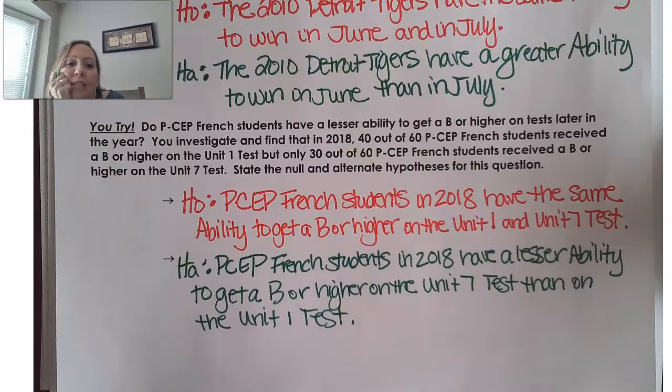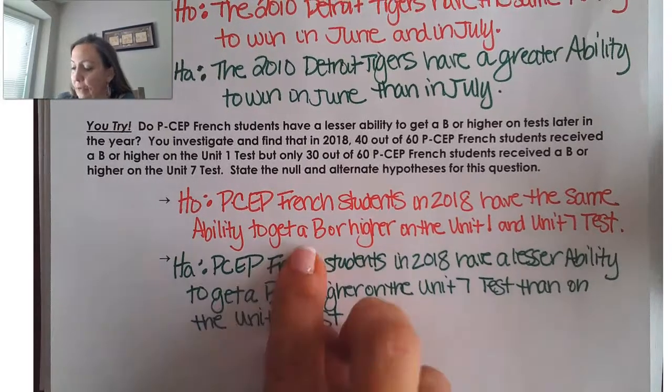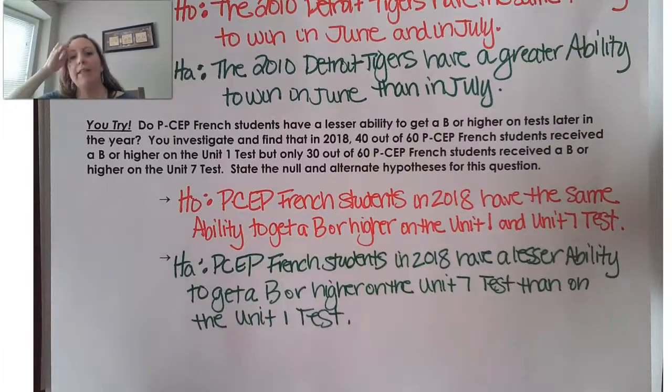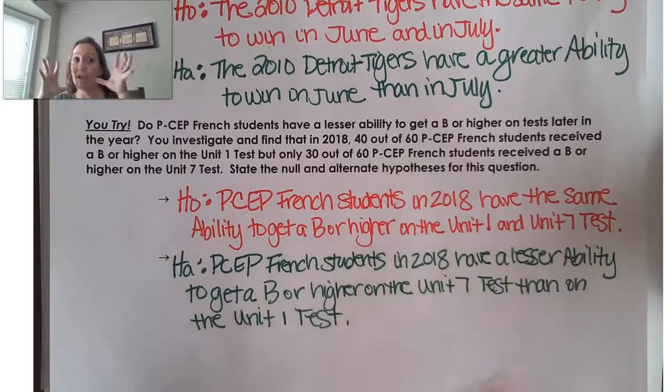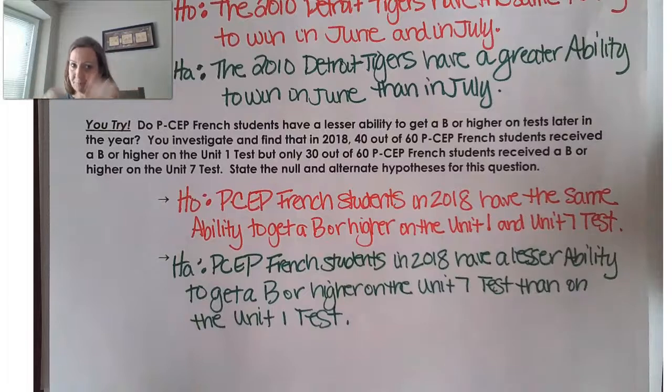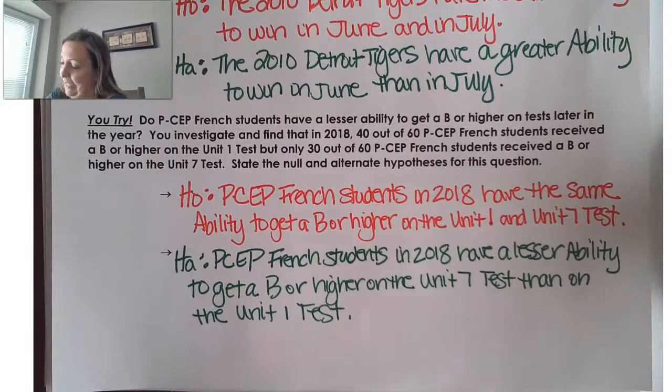Okay, so this one was a little wordier. But your null hypothesis should say that PSEP French students in 2018 have the same ability to get a B or higher, that was our action, on the Unit 1 and the Unit 7 test. Those were the two contexts specifically. The alternate then is that PSEP French students in 2018 have a lesser ability to get a B or higher on the Unit 7 test than on the Unit 1 test.